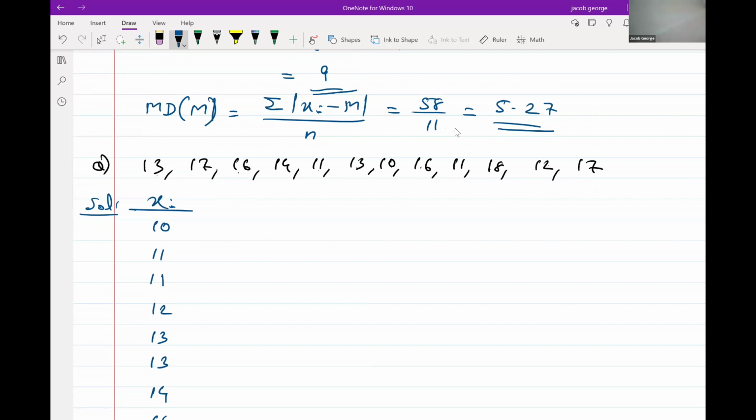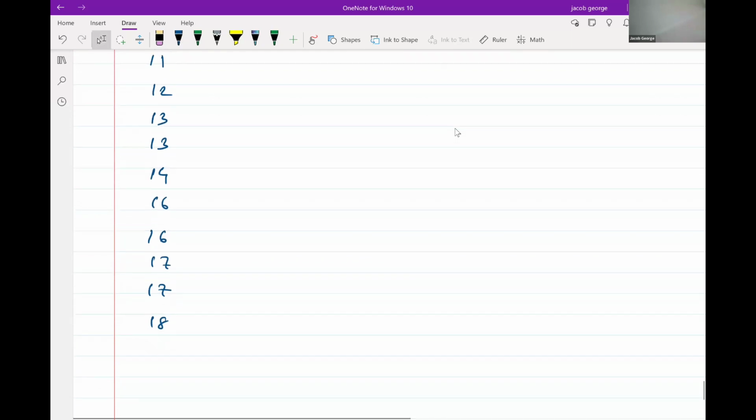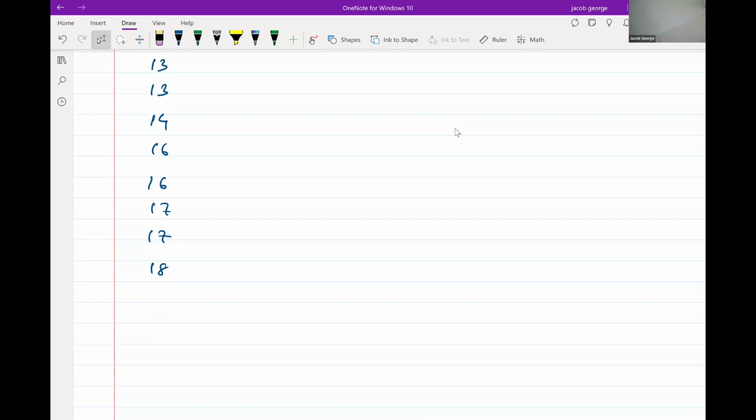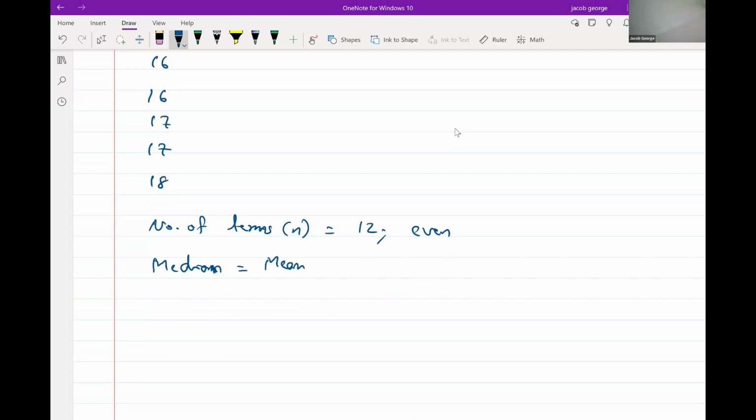Okay. Next, based on this, we calculate the median. How many terms are here? 12 terms are here, right? So median is equal to, number of terms n is 12, which is even. So median is equal to mean of n by 2th and n by 2 plus 1th data.